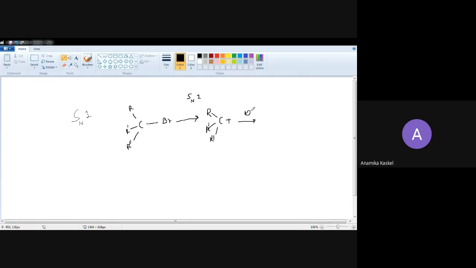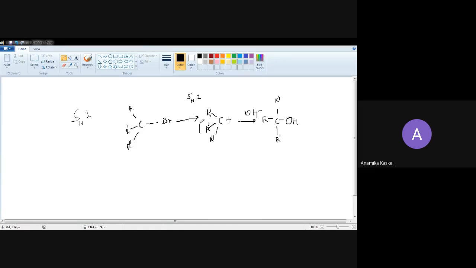Say OH minus is the nucleophile; then we get the alcohol. So the Sn1 reaction goes through a two-step reaction, but Sn2 is only a single step and spontaneous reaction.